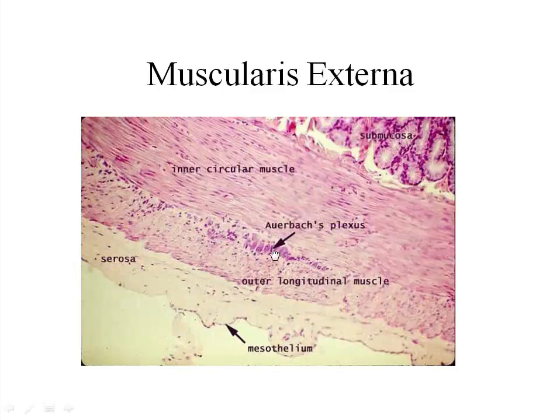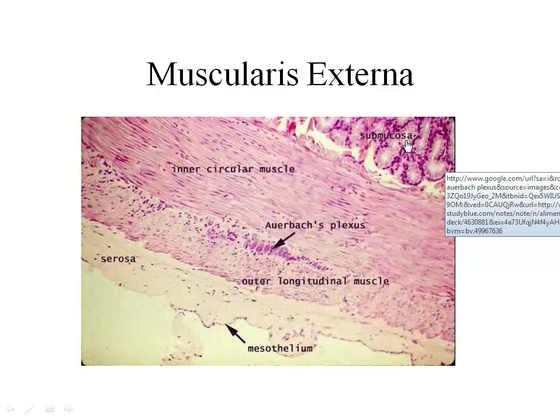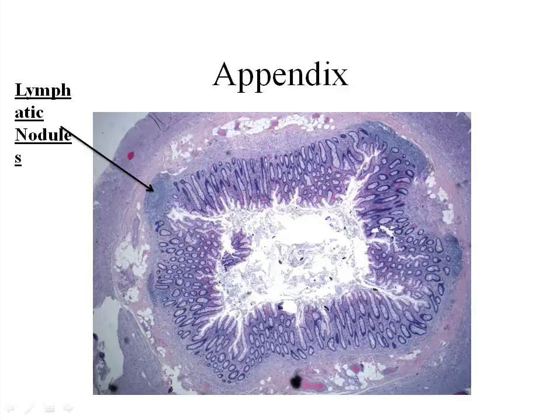Muscularis externa, you can see the inner circular muscles, outer longitudinal muscles, then mesothelium and the serosa portion. Here the submucosa, and above there is the mucosa portion. All these submucosa portions are full of mucosal glands.